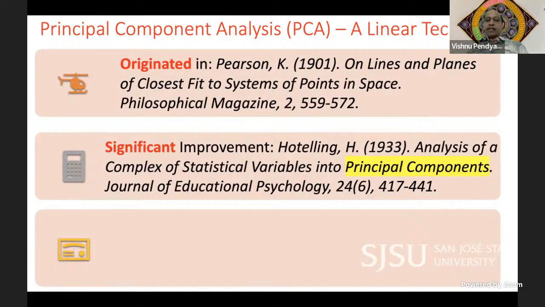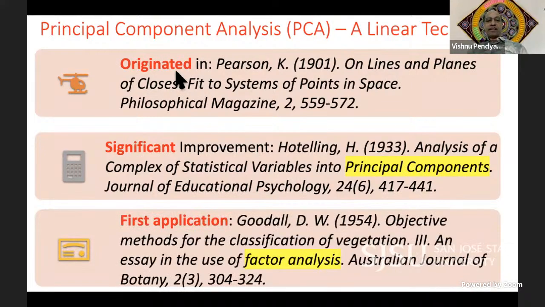Now, there have been many variations and improvements of PCA since 1901, and the first application came in 1954. This was an objective method for the classification of vegetation, so it was actually used for botany. This paper introduced the concept of factor analysis.